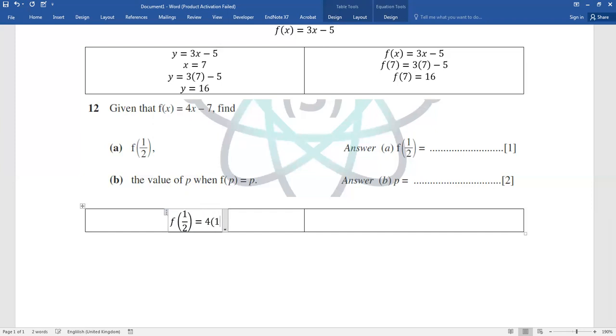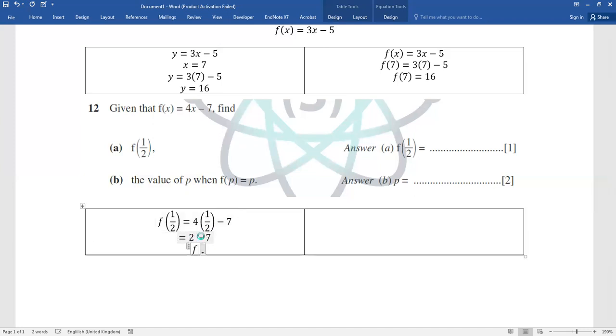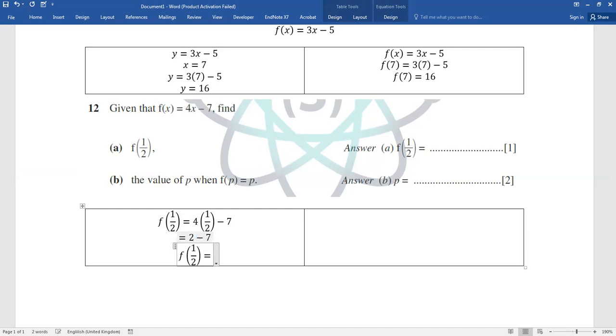So जहाँ जहाँ x है, वहाँ you plug in the value of half, and without using the calculator, 4 into half is 2, minus 7. So for an input of half, the output is negative 5. Is this clear, bete? Good. What about the rest?